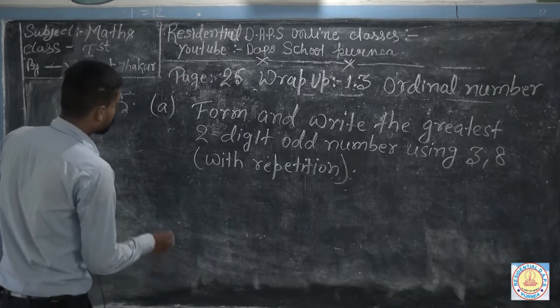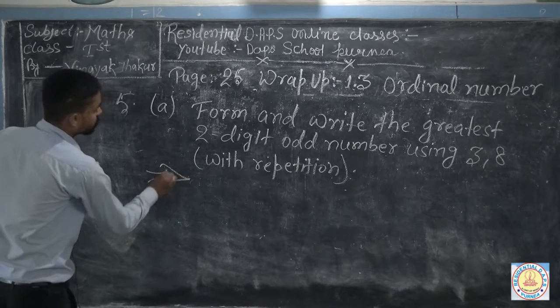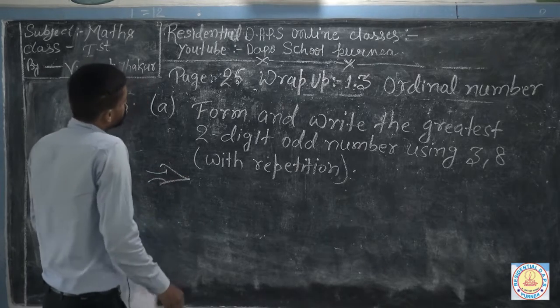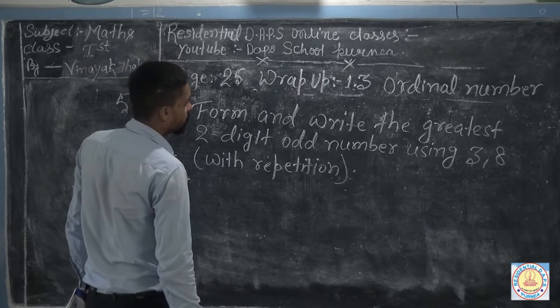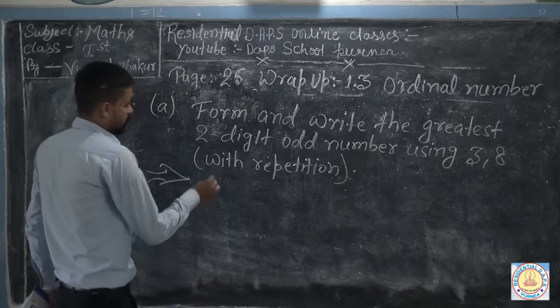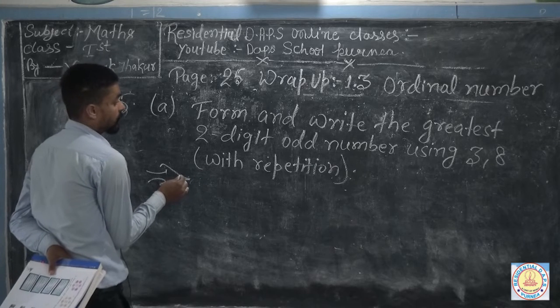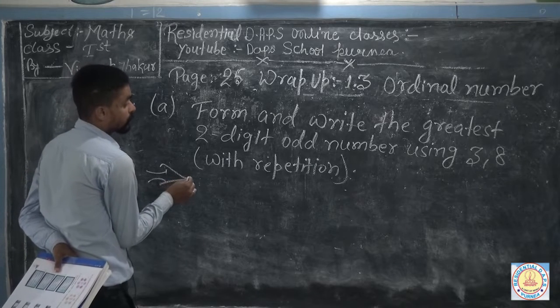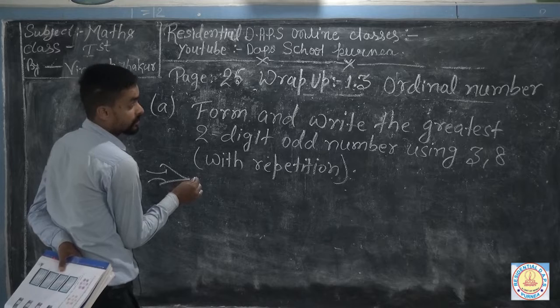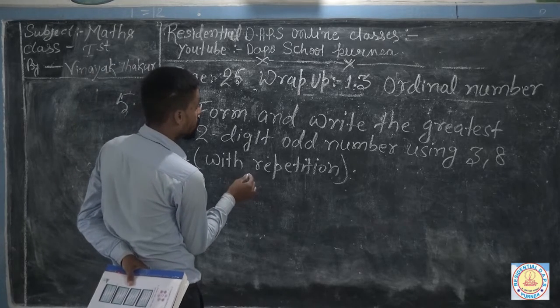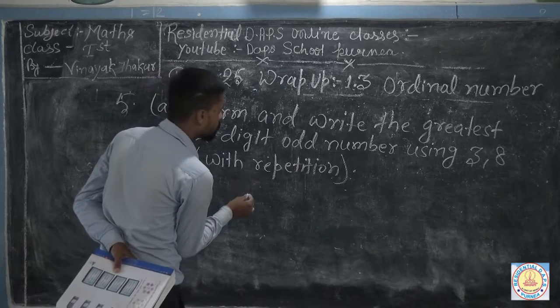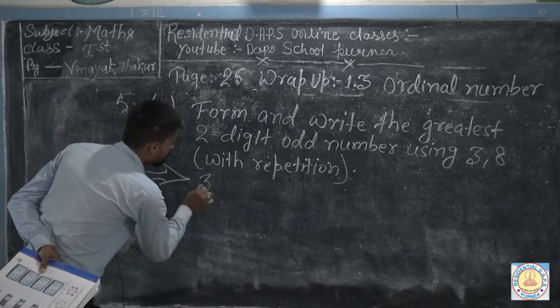So how can you form? You had read about in previous classes how you can form your number using any digits. So here you have to just find out the greatest two-digit odd number using 3 and 8.